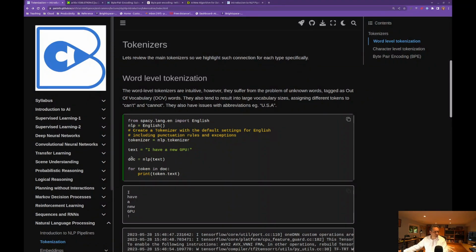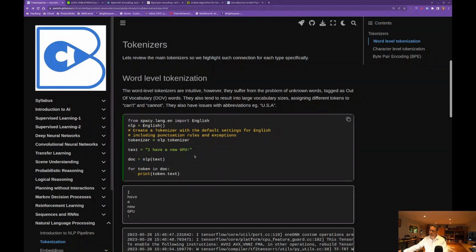However, the disadvantage of this method is that it suffers from the problem of so-called unknown words. If we have a tokenization model that we have developed, and in this model the specific word was never met, let's say GPU was never met, then the tokenizer will not know what kind of token to produce out of an unknown word, and therefore we will tag that word as such, as unknown.